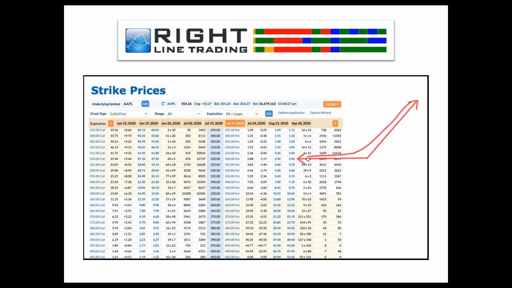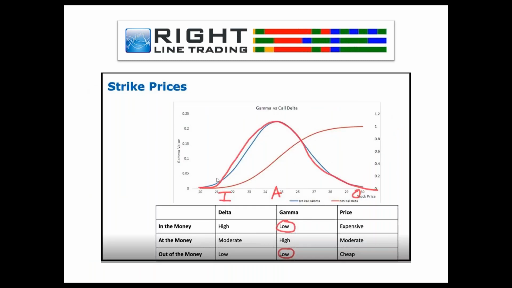Now, if we buy a stock that has a gamma like this, and if we go back, you see how the gamma works at the money. The gamma is the blue line. We want the gamma to go up in this curve.